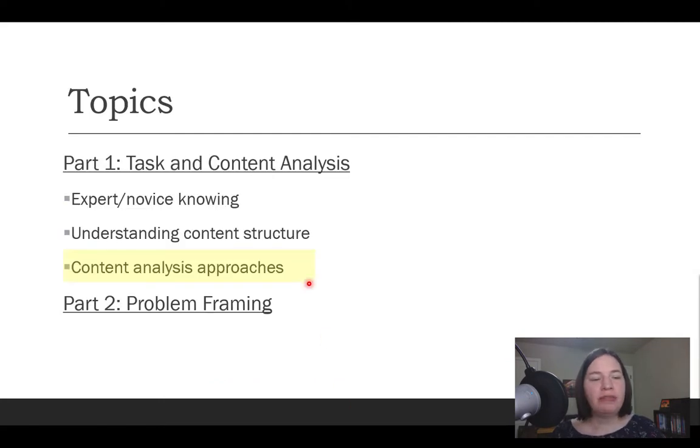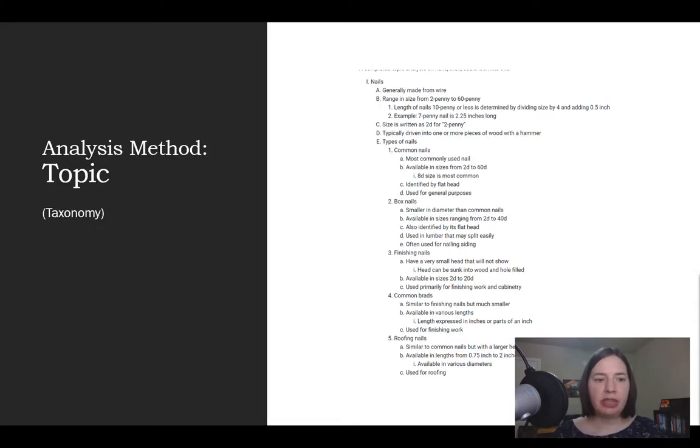Okay, so we've talked about experts and novices. We talked about the content structure with facts, concepts, etc. And now we're going to talk about how you actually analyze content so that you can start designing for learning, designing the instruction. One method is a topic analysis. This is kind of like a taxonomy, and this is from your book.